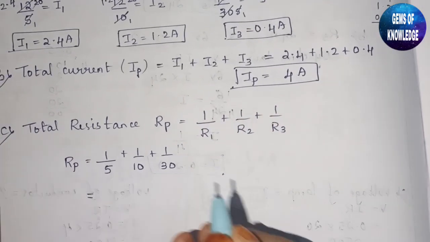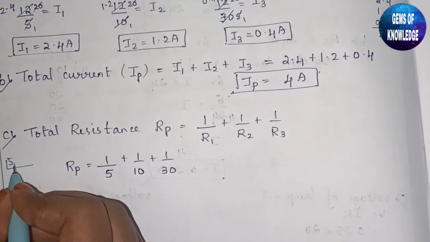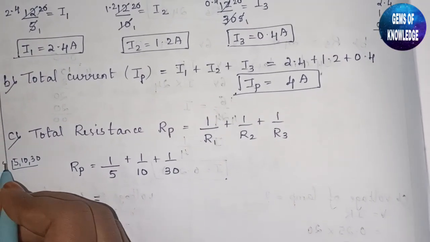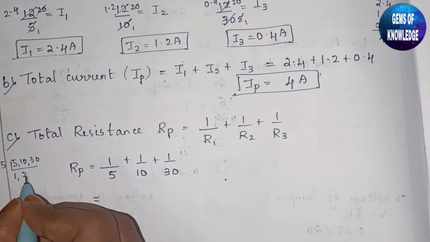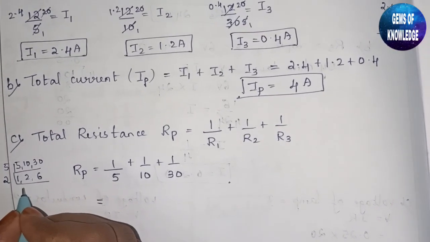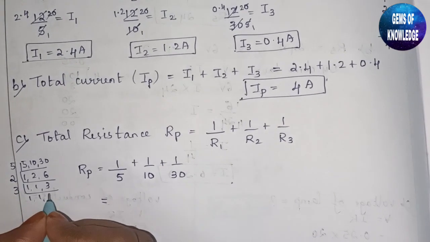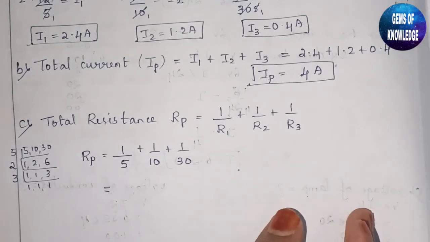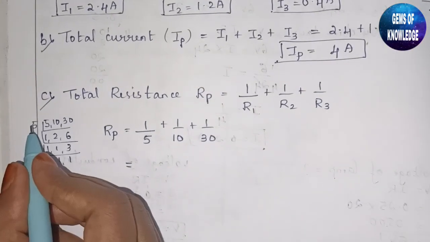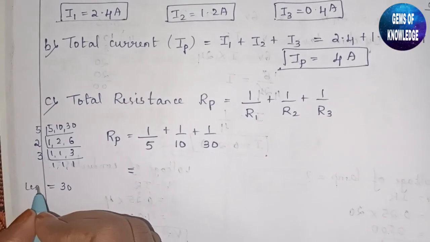So in a simple manner you can take the LCM of 5, 10 and 30. 5 ones are 5, 5 twos are 10, 5 sixes are 30, then 2 ones are 2, 2 threes are 6, then 3 ones are 3. If we take the LCM, it will be 5 threes are 15, 15 twos are 30. LCM will be 30.